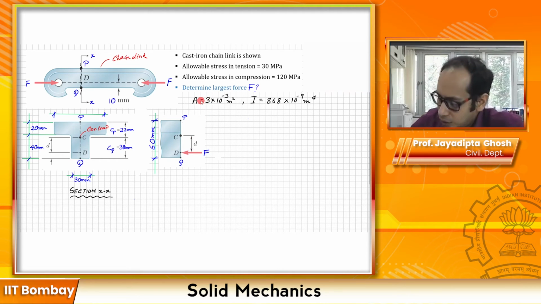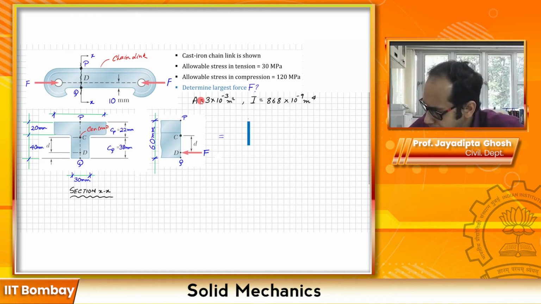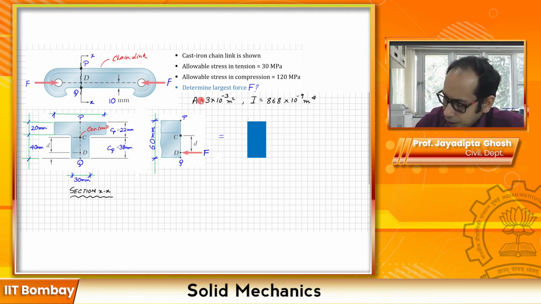So let's draw the equivalent section for this one. Here again I have my points P and Q over here. I have my point D where the force was originally acting, and this is my centroid C over here.